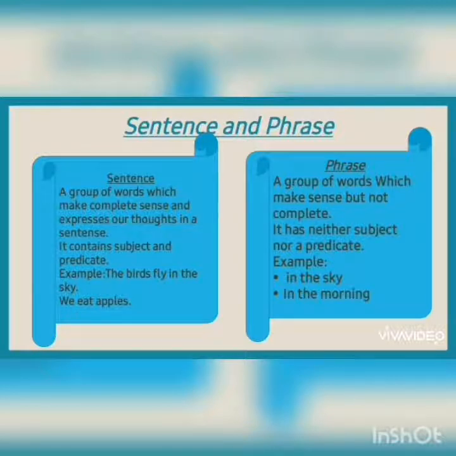Number 2, we eat apples. These both sentences make our sense clear. We understand them both easily. In the first sentence, subject is birds and the other part is predicate. In the second sentence, we is subject and eat apples is predicate.